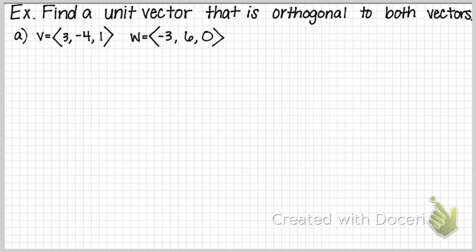All right. So now we want to find a unit vector that is orthogonal to both vectors. So for it to be orthogonal to both vectors, we want to find the cross product. That's our first step.